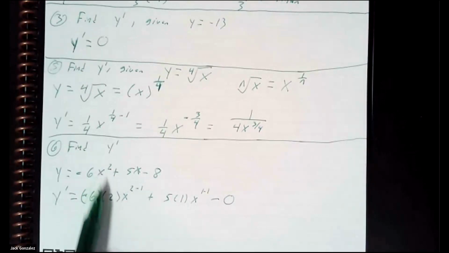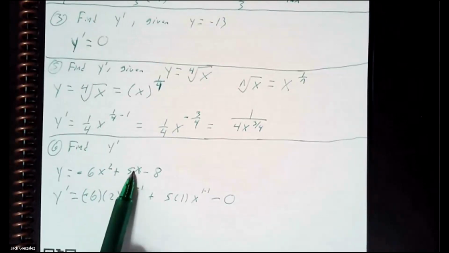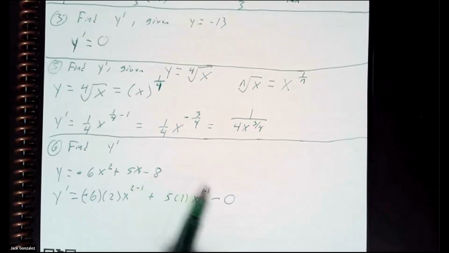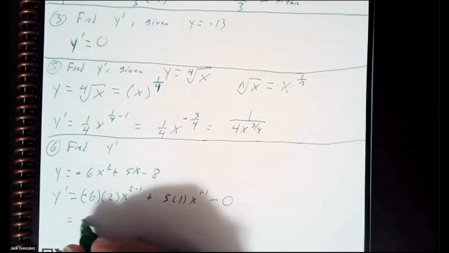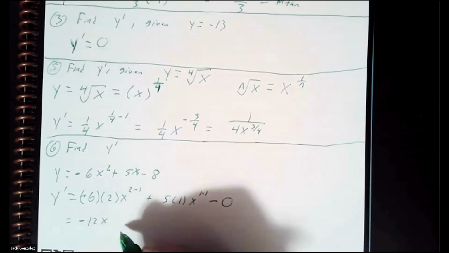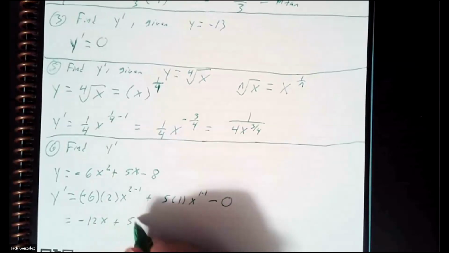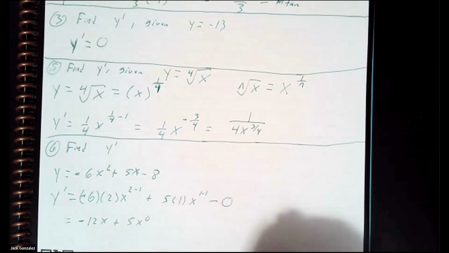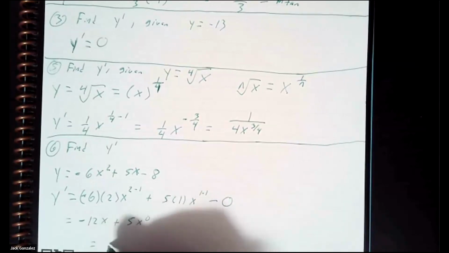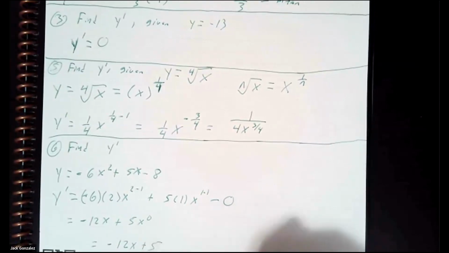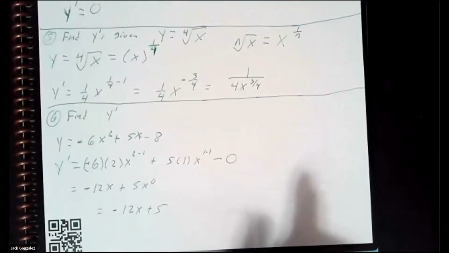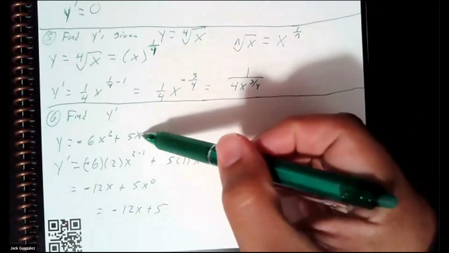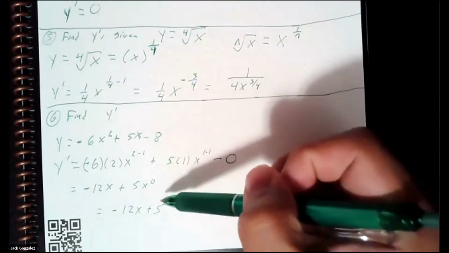So the derivative of the first term, derivative of the second term, derivative of the last term. Whenever you take a derivative of a linear function, you're always left with just the slope.